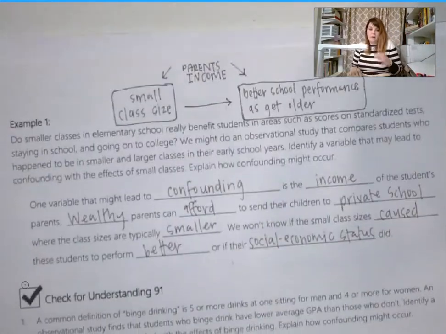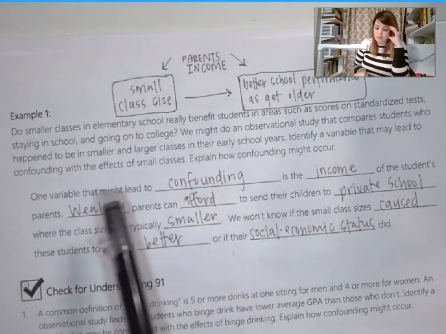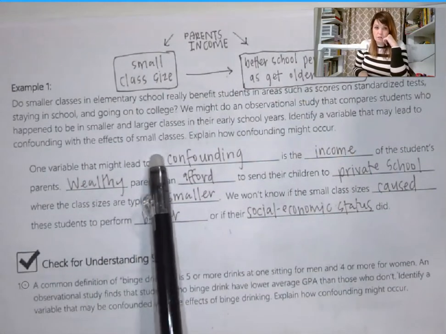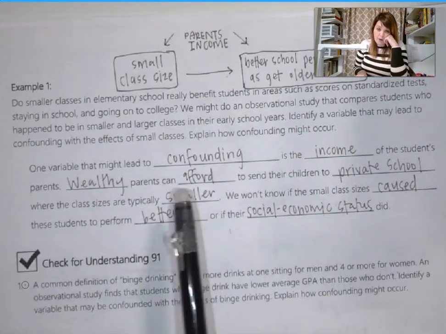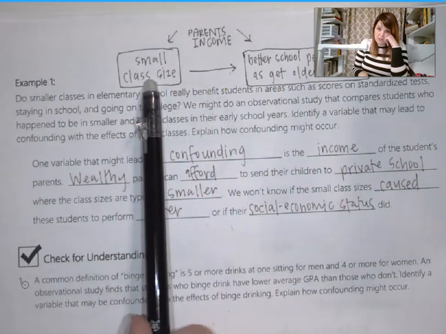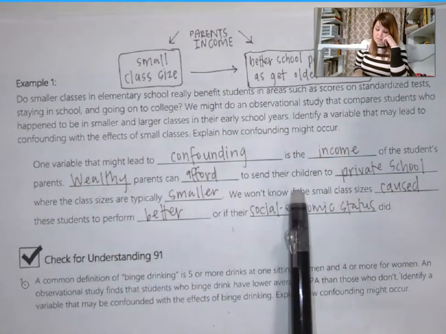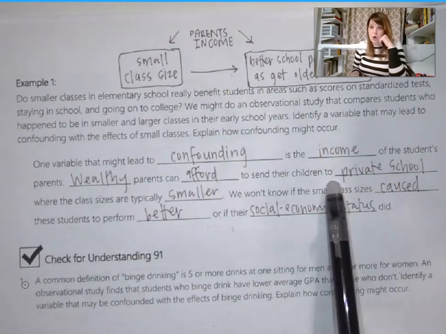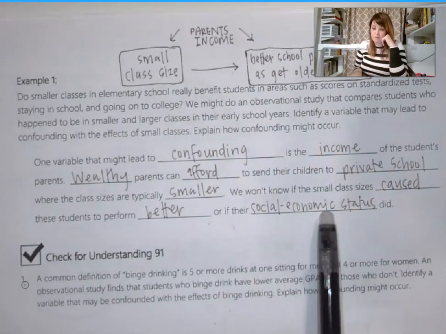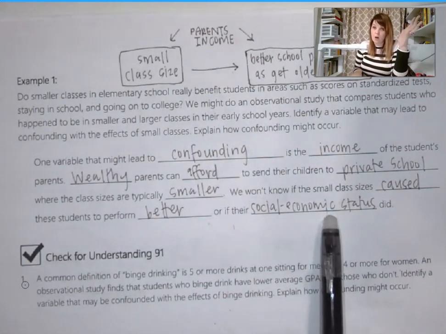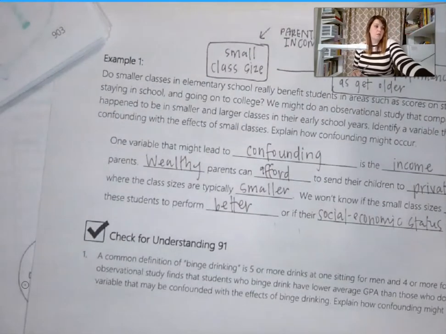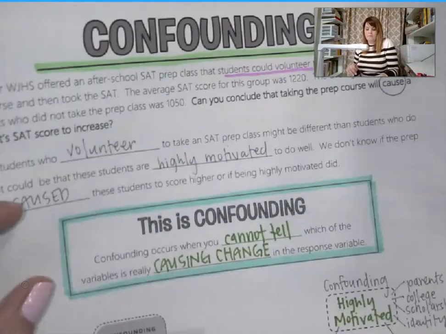So back to how they want you to word your responses. One variable that might lead to confounding. Why? So how does it cause the explanatory? And then you must end with, we won't know if it was the explanatory variable or the confounding variable that caused the response. And that's how this other problem is worded.